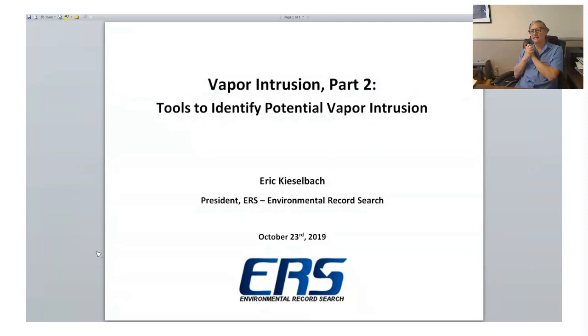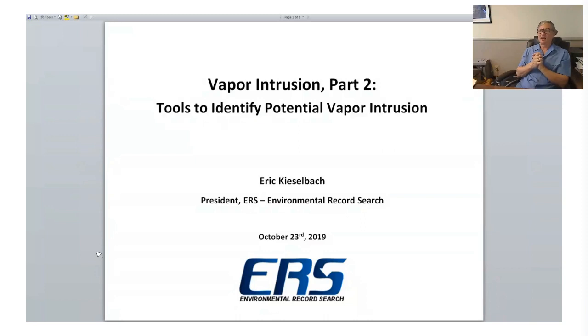And just from those documents, if you get good documents from a good vendor like us, you're going to have enough to determine whether vapor intrusion is a potential or not, or even whether vapor intrusion is probable on the site. So let's get started.